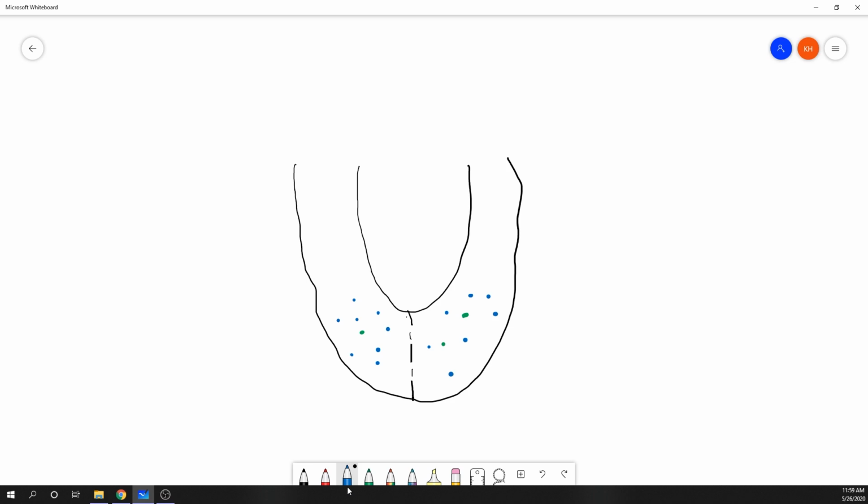Now, initially looking at this, you may think that water will not move because it has the same number of molecules on either side of the membrane. But when we think about osmosis, we have to consider concentrations. We actually have more water molecules per solute molecule on the left side, meaning that water is more concentrated on this side.